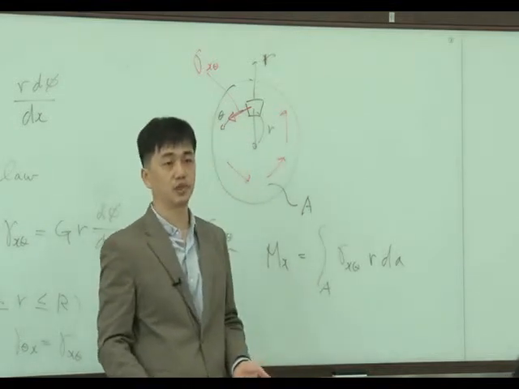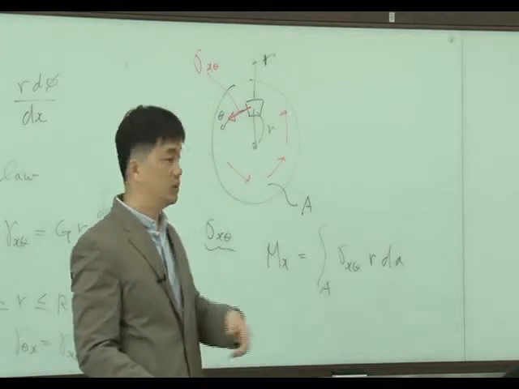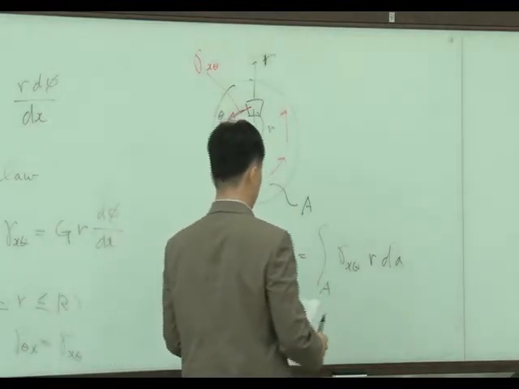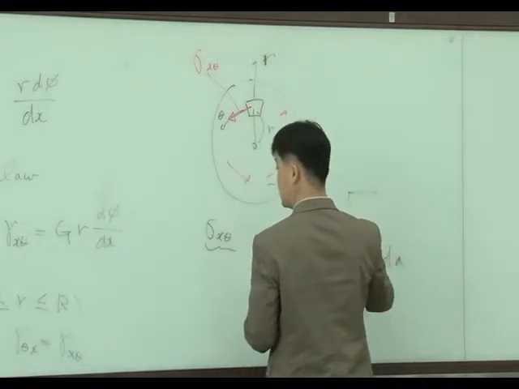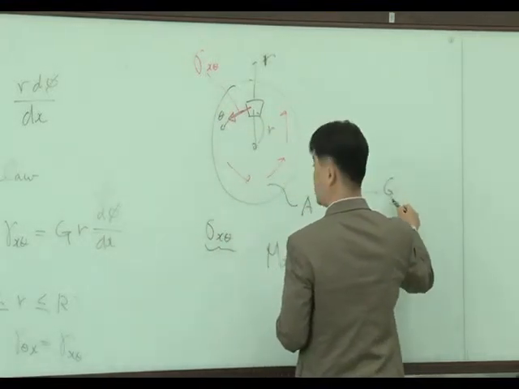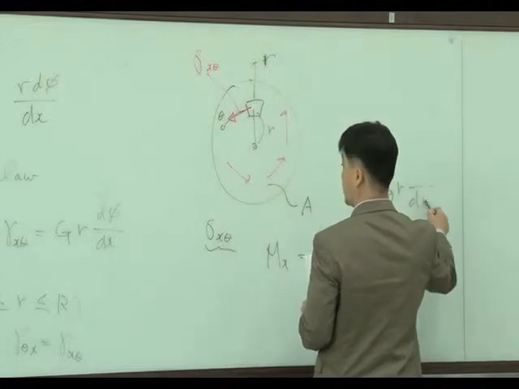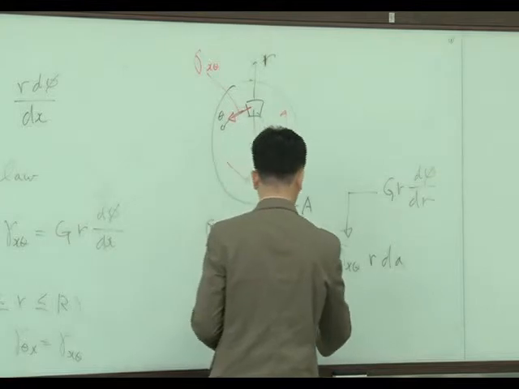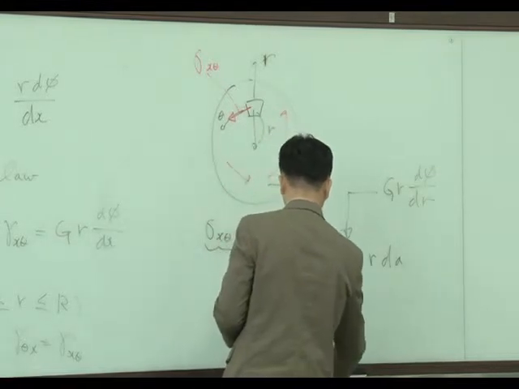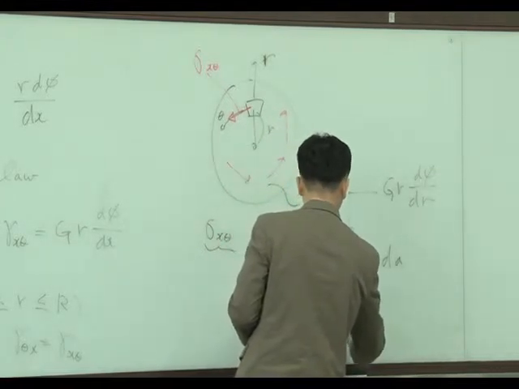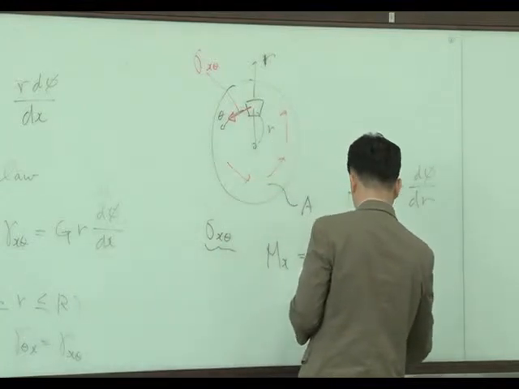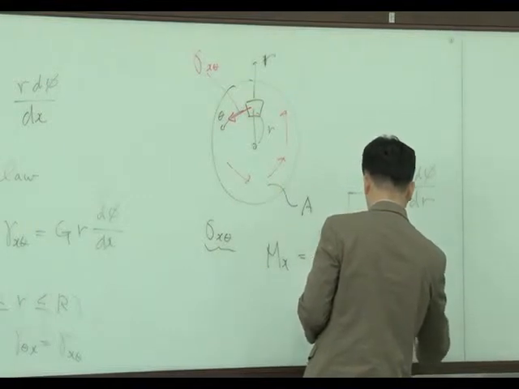This is the reduction formula we learned months ago. Then here let's put the previous result, G R dphi/dx, and this equation becomes the integral over A of G R squared dphi/dx dA.